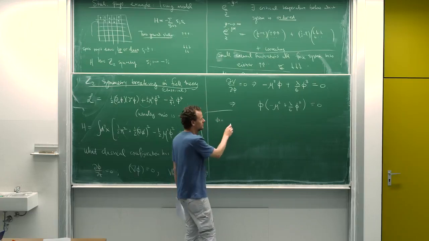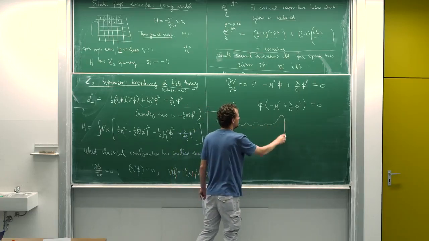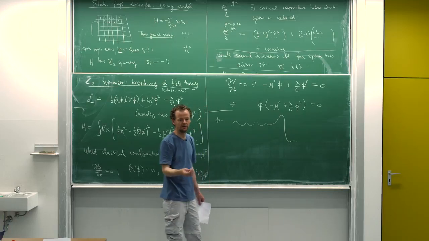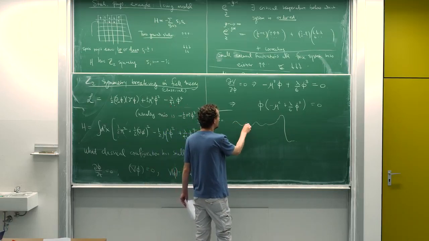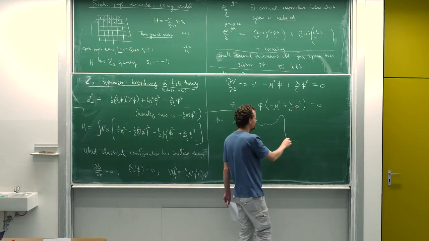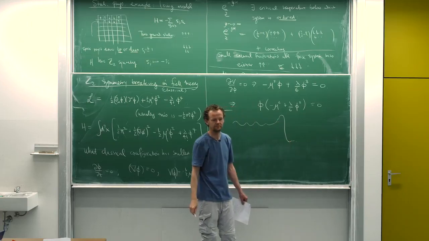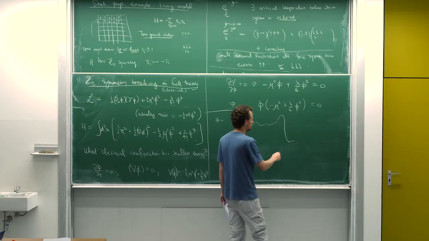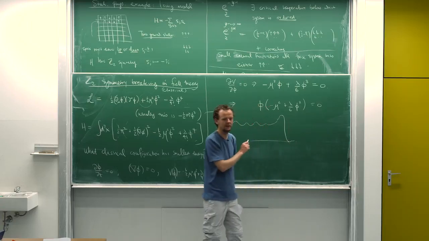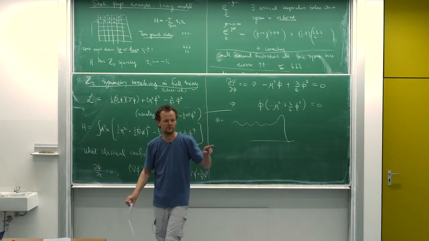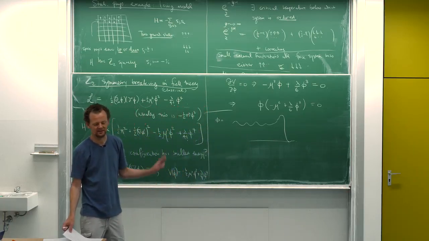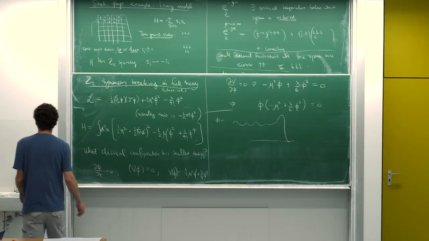Suppose phi is not constant, and phi looks like this. Now evaluate the potential everywhere. It's high, high, high, low, low, low, high, high, high. And then you just find the point which has the lowest potential. And then draw a line there, and that configuration always has a lower energy than this one here where the function is moving. It takes a couple of calculations.